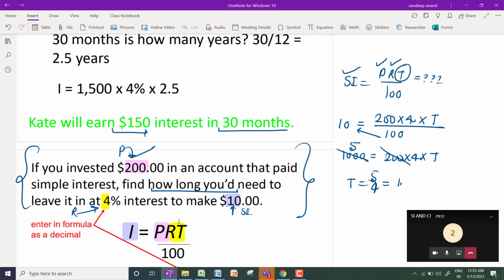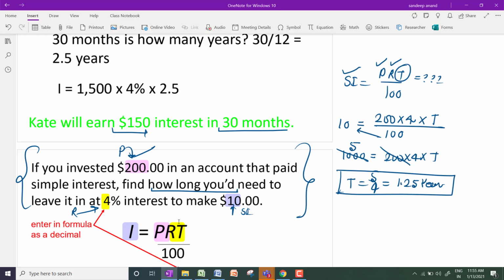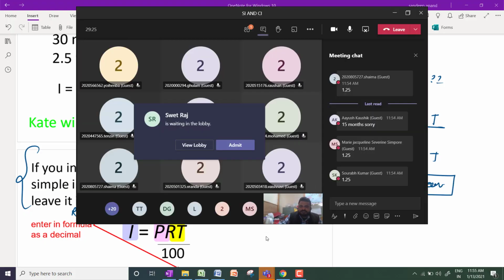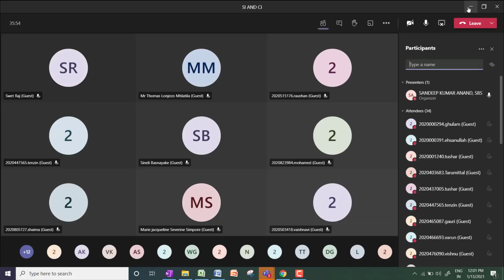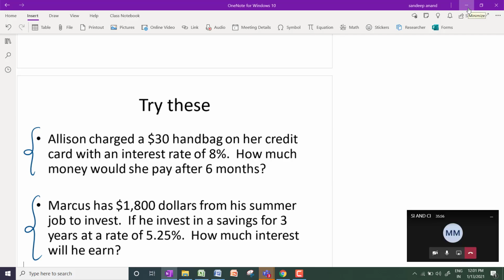If you divide this value, you will get 1.25 years. It means 1 year 3 months, or 15 months, you can say. So this is the right answer. This is the first question, and the first question's answer is 1.2.